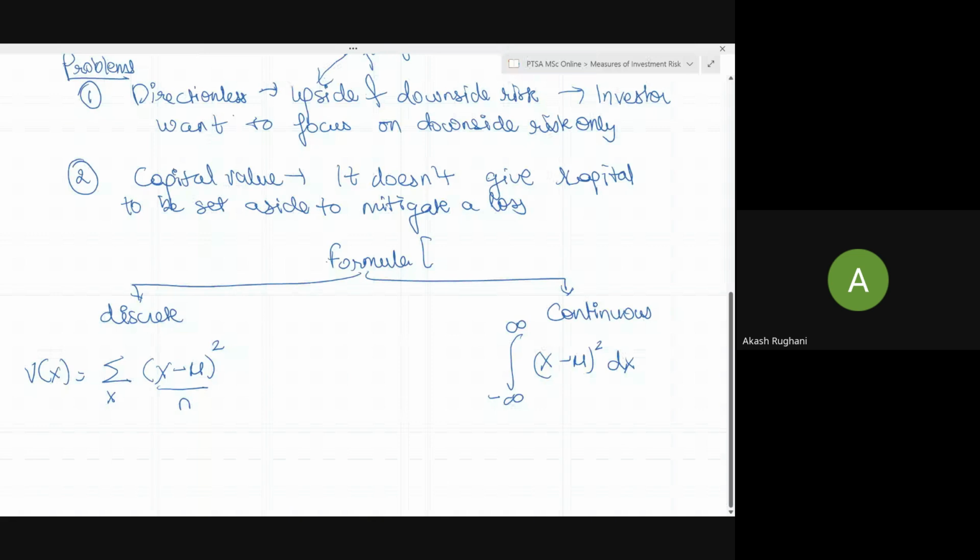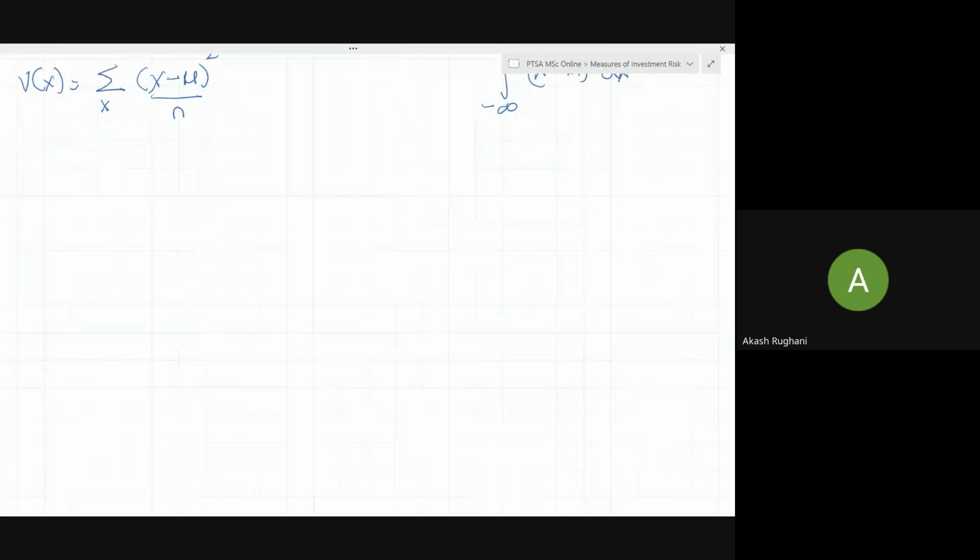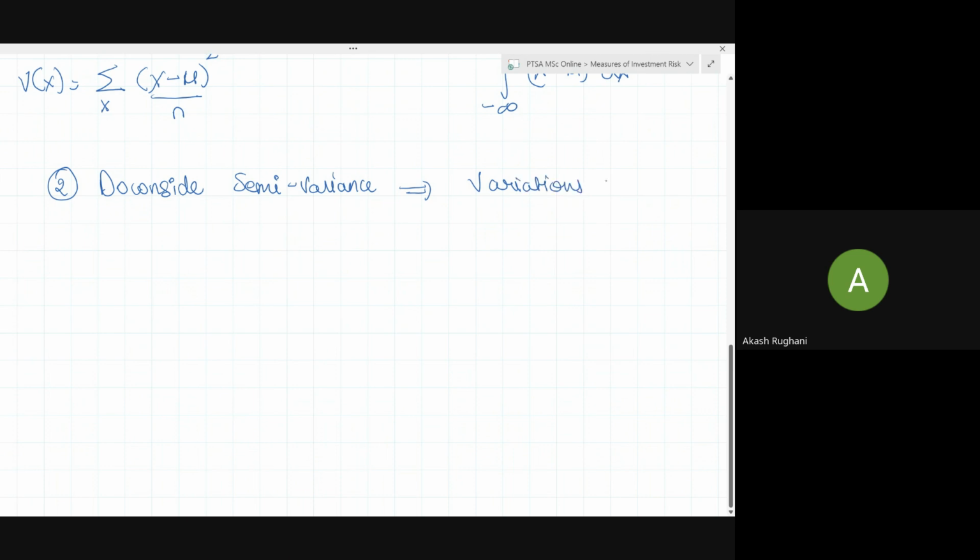Okay. So now, in order to solve one of the problems of standard deviation or variance, we have the second measure, which is called downside semivariance. Essentially, it is the same as variance, but it looks at only the variations below the mean. It does not look at the variations above the mean.